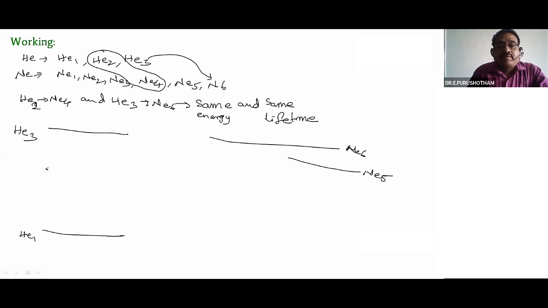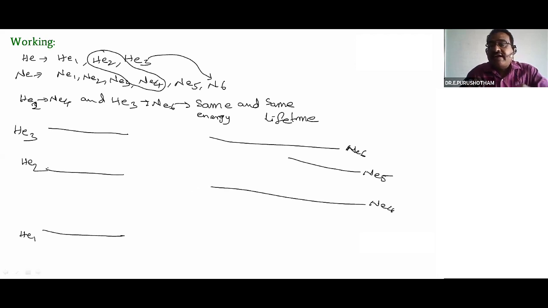Here, this is He2. The He2 and Ne4 both are having the same energy and the same lifetime. So He2, Ne4 and He3, Ne6 are having the same energy and same lifetime. These behave as metastable states.